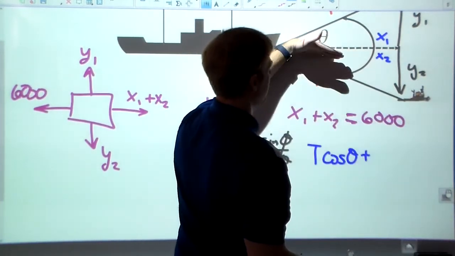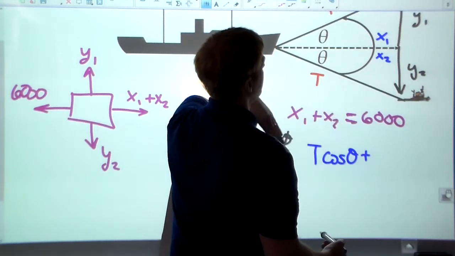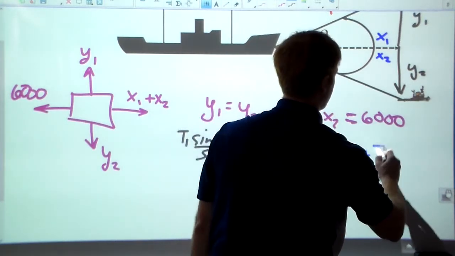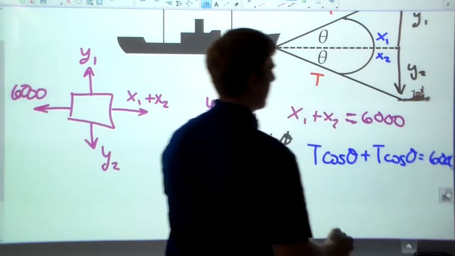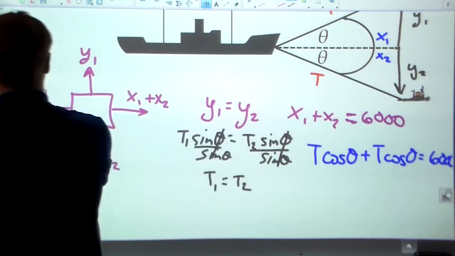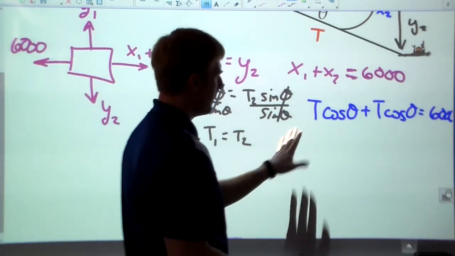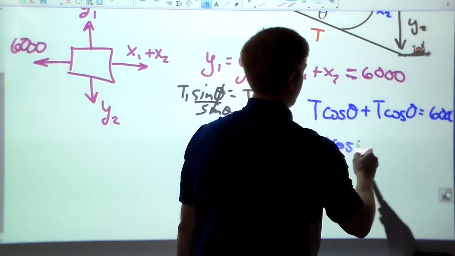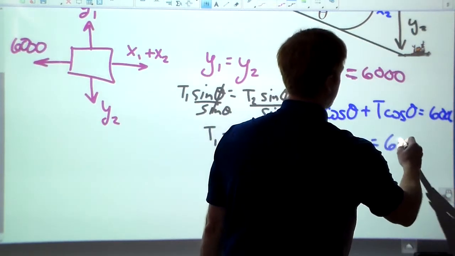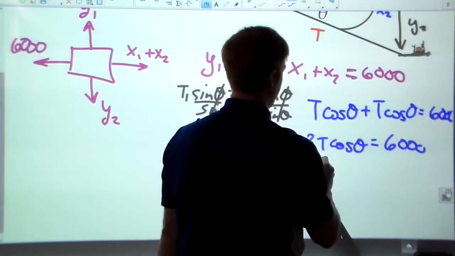Cosine of this angle is x2 over t. So t cosine of the angle. And it's going to equal 6,000. Smush, but that's what that is. All right, well now, you've got t cosine theta twice, so I'm going to go ahead and condense that to 2t cosine theta equals 6,000. I'm going to divide the 2 off.